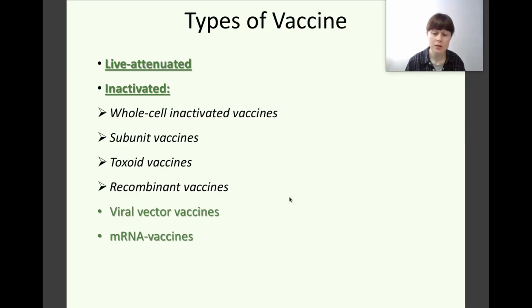Scientists first described the ability of inactivated or killed microbes to induce immunity in the 19th century with Louis Pasteur. This led to the development of inactivated vaccines, which are produced by killing the pathogen with chemicals, heat, or radiation.